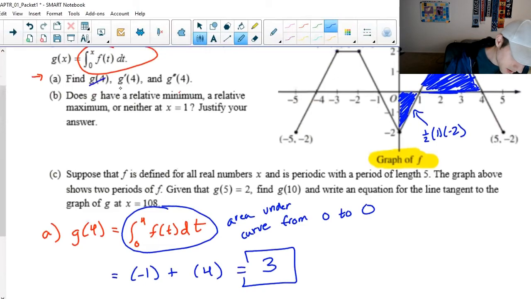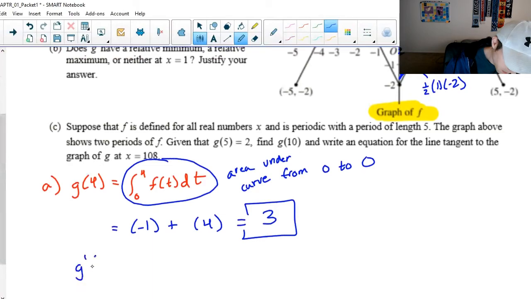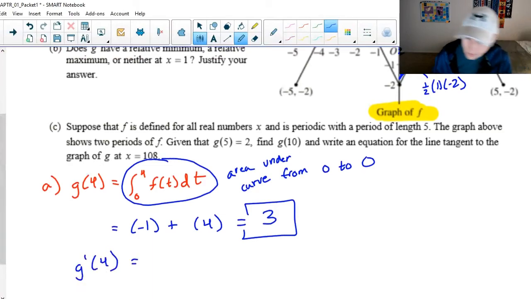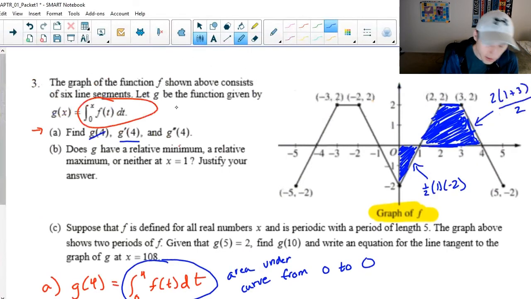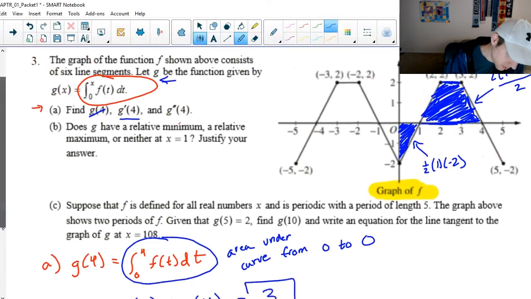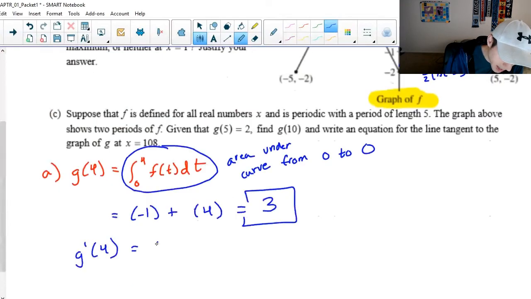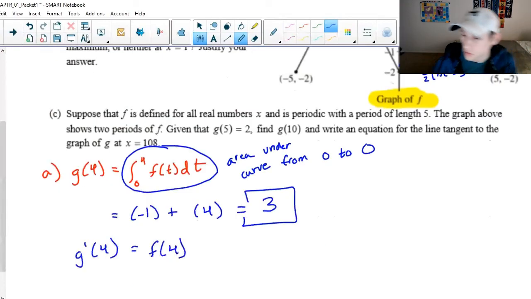Okay, so we did g of 4. Let's go to g prime of 4. Now, remember, g is based off of taking the integral of f. So g prime of 4 is just the same thing as asking for f of 4.